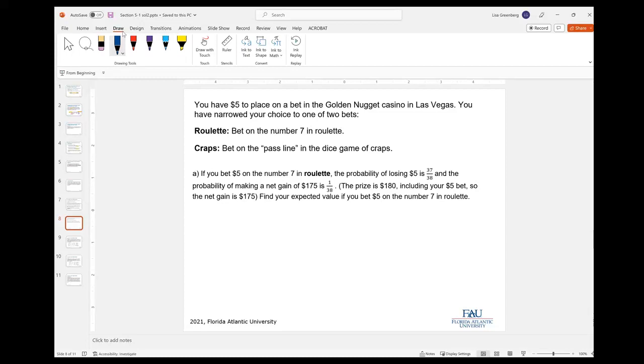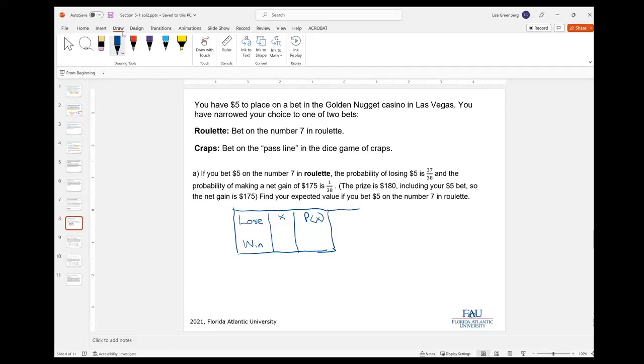It's up to you. So when we draw a table, we could say the probability of losing, winning, and here's my X, and here's my P of X, and my expected value is the same as the mean.